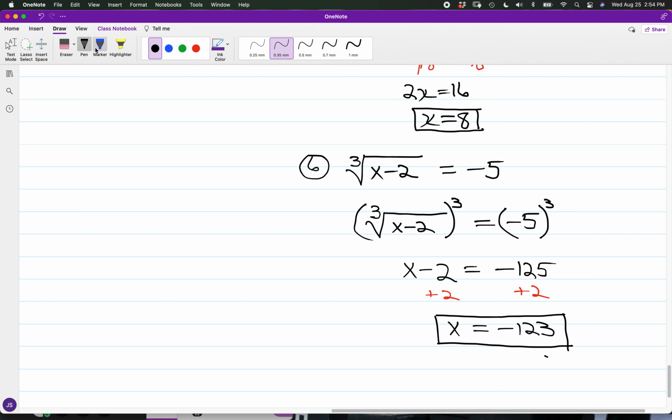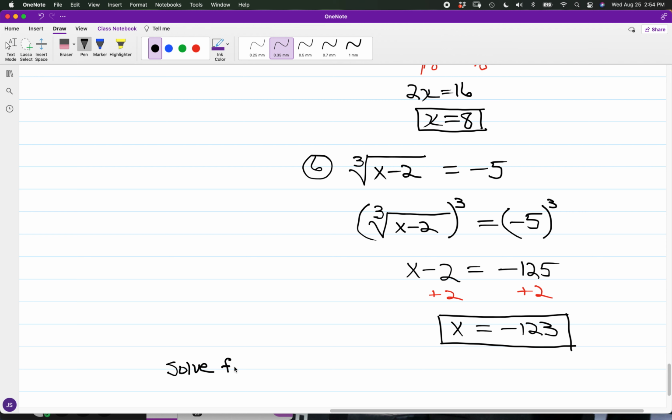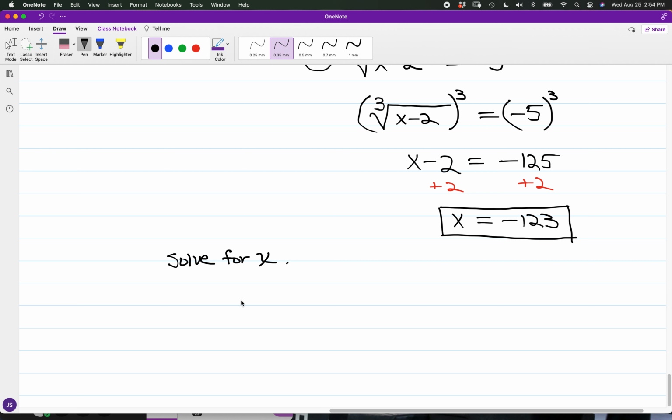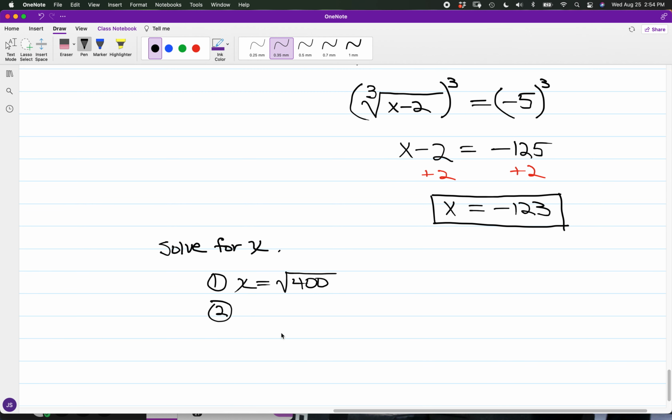Just in the case of solving for radicals in an equation, we'll say we have in the group, first of all, x is equal to the square root of 400. Then the square root of 2x minus 4 is equal to 3.